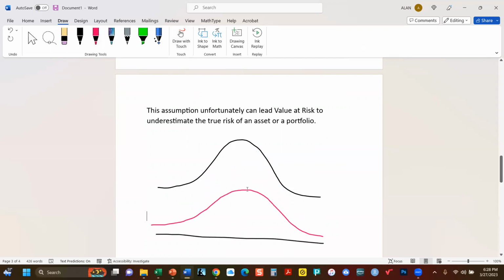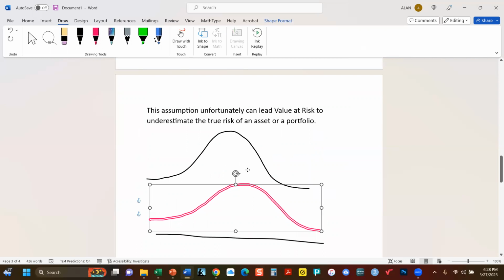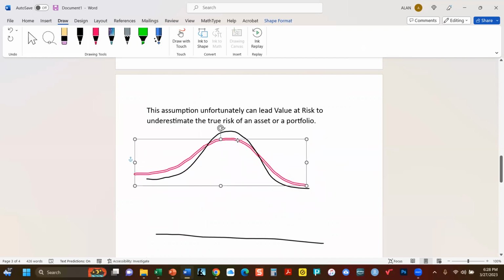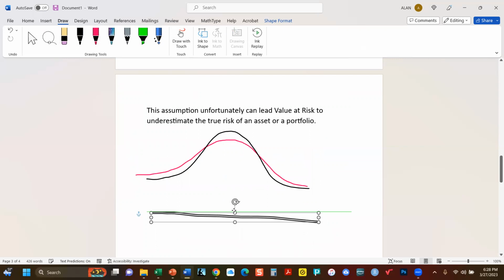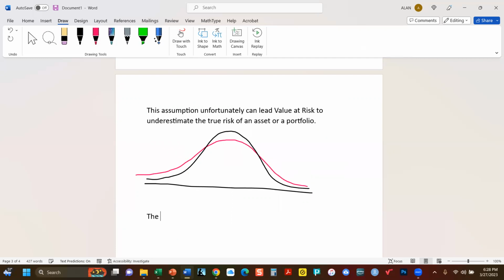The red curve, I guess we'll call it, represents actual returns, while the black curve is the normal distribution.